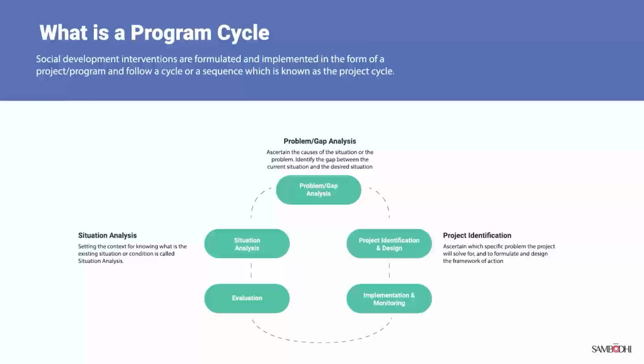The team identifies the key stakeholders and develops a plan for managing the project. Suppose a company wants to implement a new IT system. In that case, project identification and design can help define the project scope, budget, timeline, and resources required for implementation.